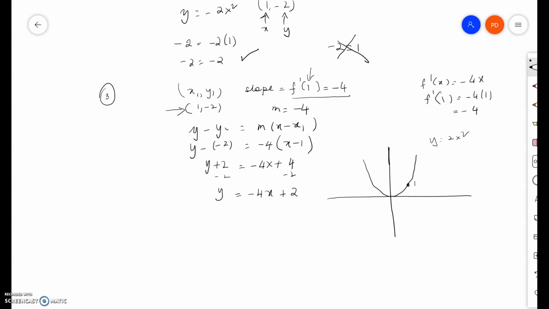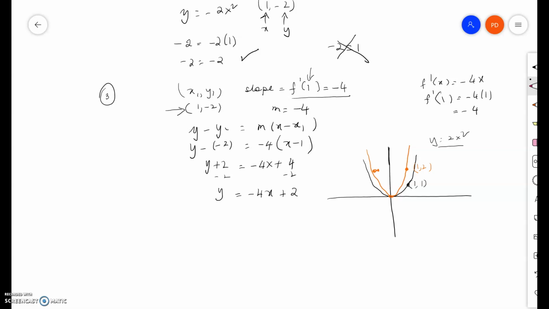So if that is the point (1, 1), then multiplying the function by 2 would mean stretching the graph in the vertical direction by a factor of 2, which means the new point becomes (1, 2), which means we multiply the y coordinate by 2. We know that it passes through (0, 0), and it's symmetrical, so there's a symmetrical point on this side. That is the graph of y equals 2x squared.